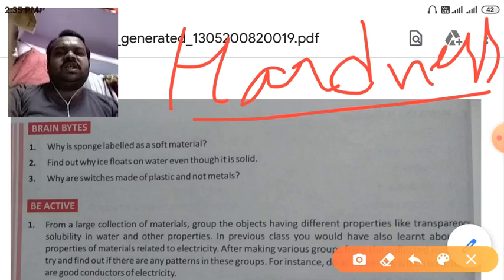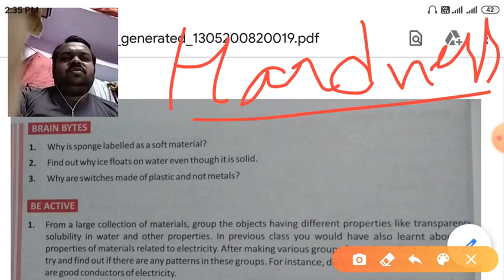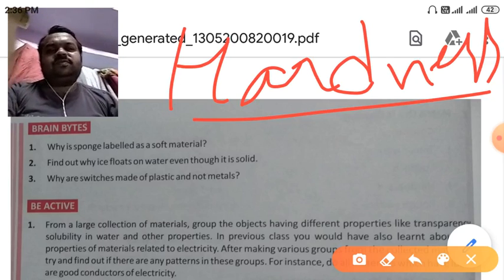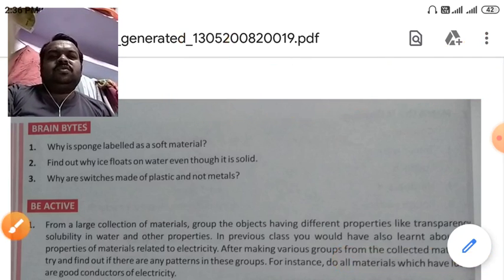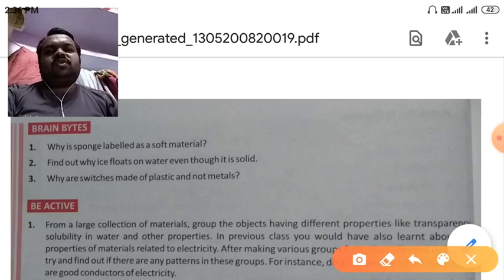Find out why ice floats even though it is solid. So what will be the answer? Because of its low density.